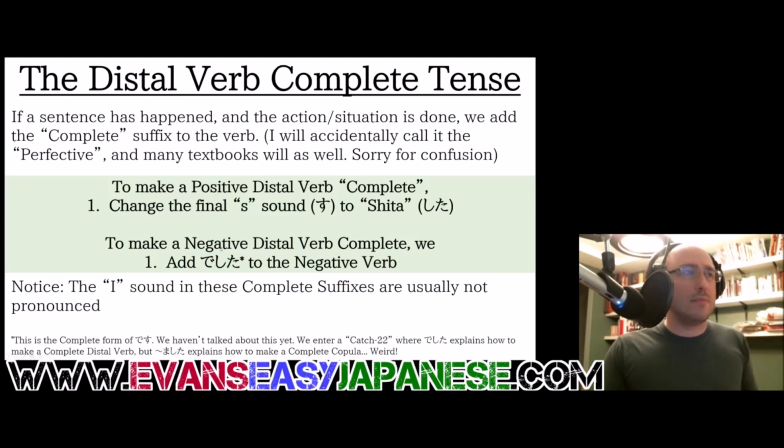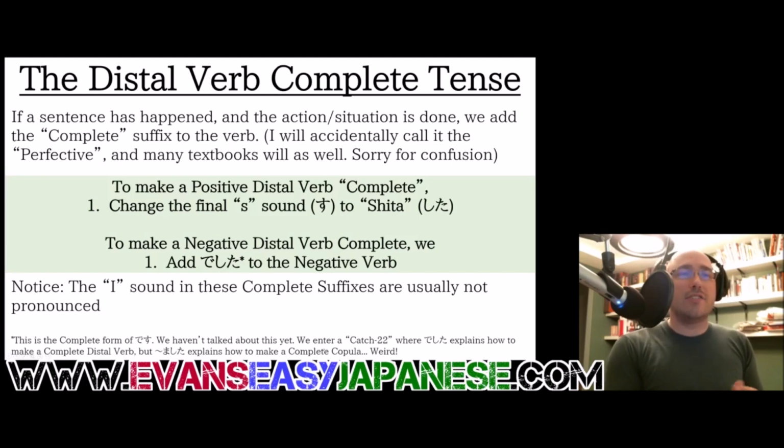Okay, we're going to get some examples. Notice the E sound in these complete suffixes, the shita and the deshita, is not pronounced. So it's shta and deshta, generally, 9 times out of 10. This is the complete form of desu. Oh yeah, deshita is the complete tense of desu, but we haven't talked about this yet.